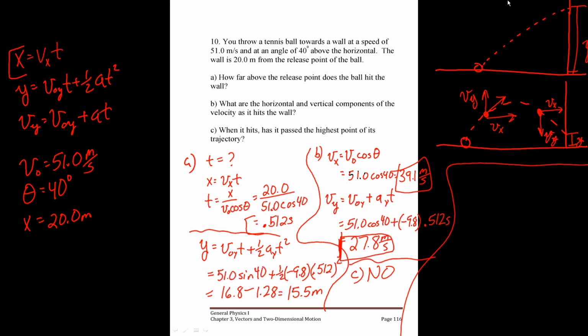Let's do that first method as sort of an aside. This is not the easy way, but we could say, what is t top, and hopefully verify this. Well, Vy at the top equals 0. So Vy equals V0y plus a_y t. So 0 equals 51 sine 40 minus 9.8 times t. So t is 51 sine 40 over 9.8.